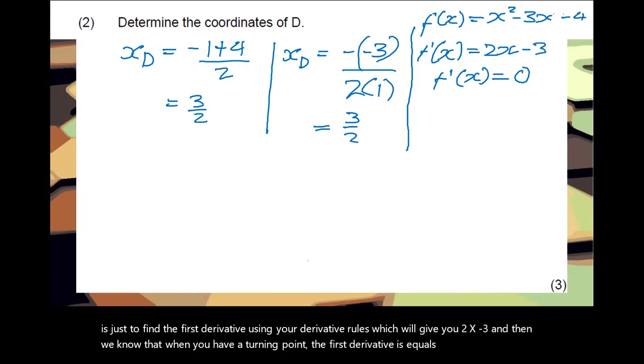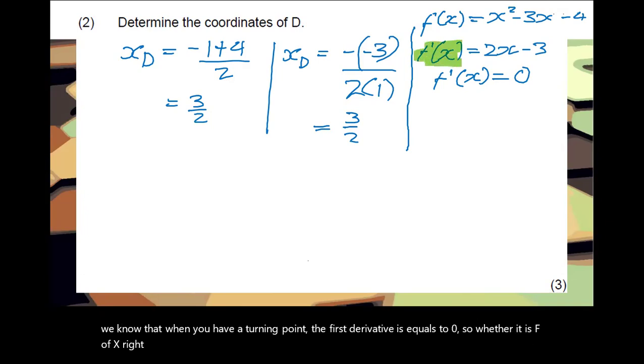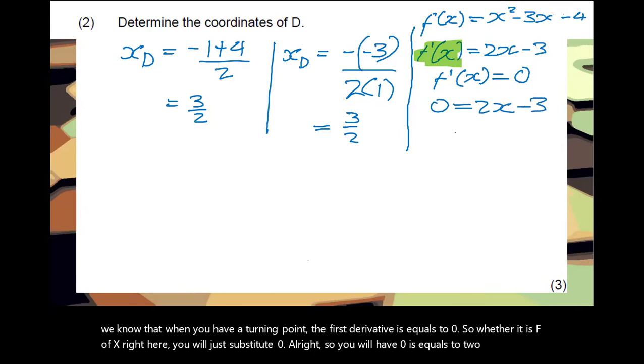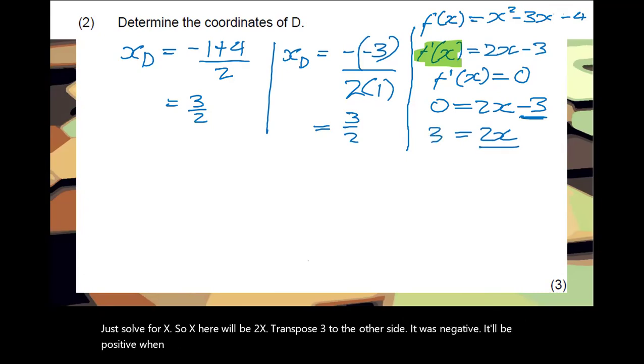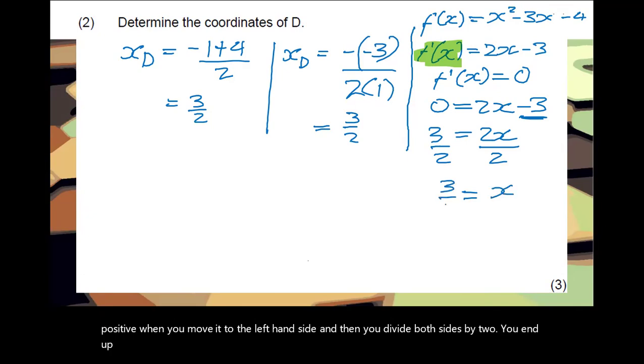So where there is f of x right here, you will just substitute 0. So you will have 0 is equal to 2x minus 3, and then you just solve for x. Transpose 3 to the other side. It was negative, it will be positive when you move it to the left-hand side, and then you divide both sides by 2. You end up having x is equal to 3 over 2.